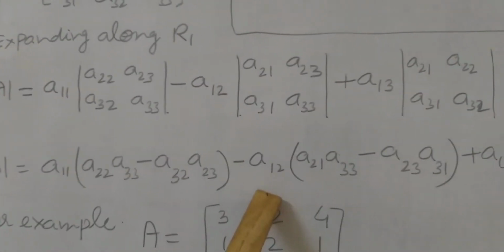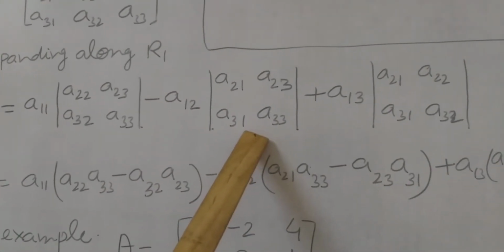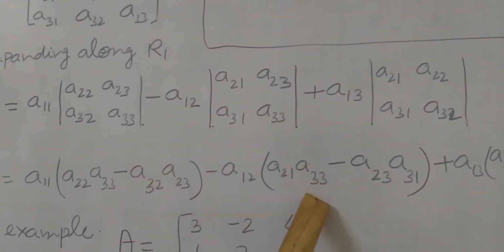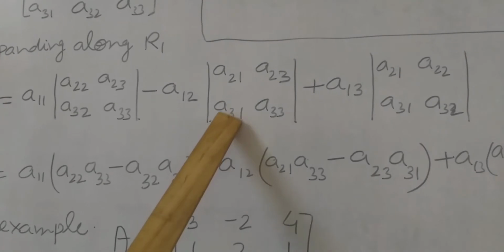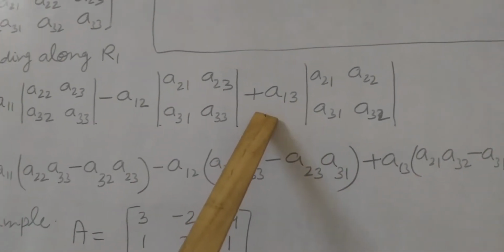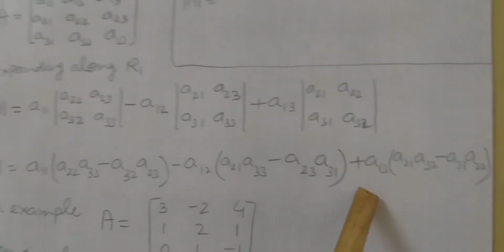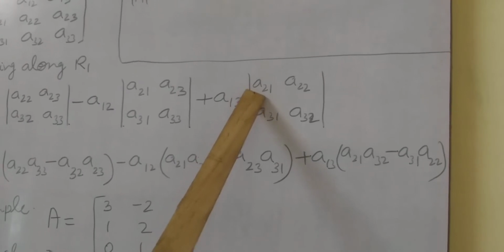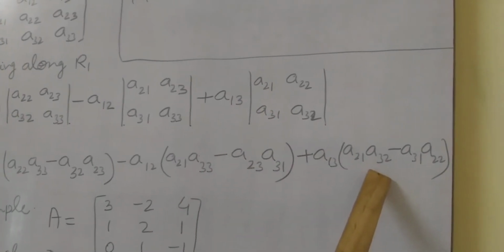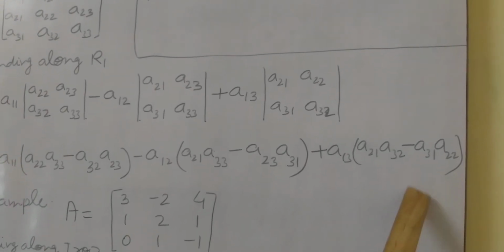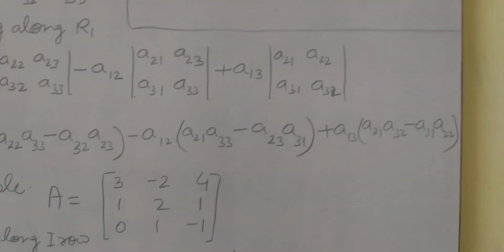Minus A12 will be as it is. The same procedure will be here, student. Multiply A21 to A33 minus A31 into A23. Plus A13 is there, student. We have to write plus A13. The same procedure will be here, student. A21 multiplied by A32 minus A31 multiplied by A22. Then we have to do calculation, students.